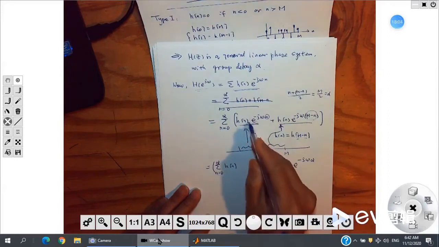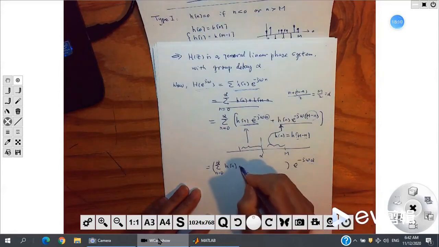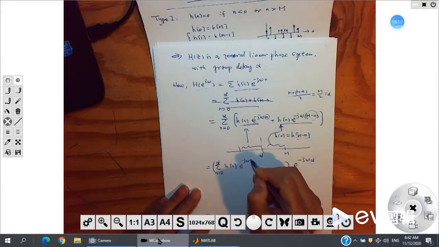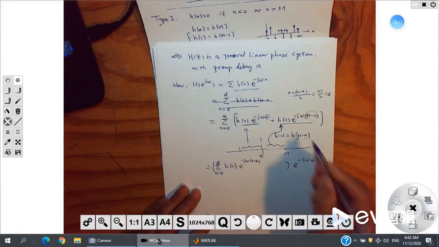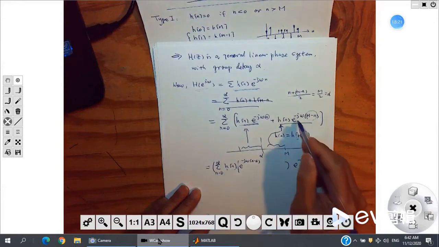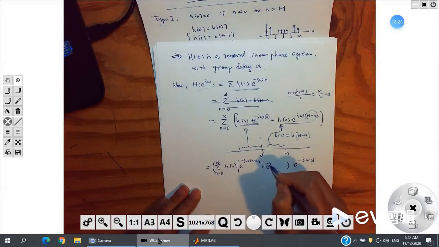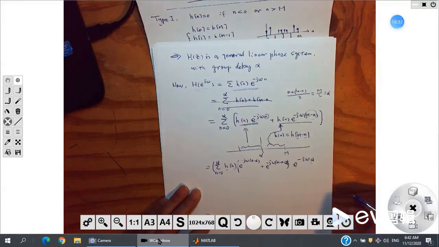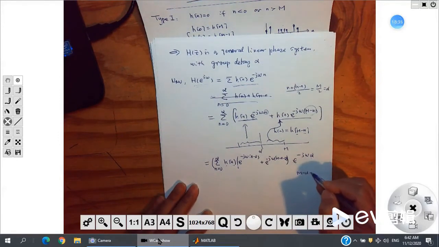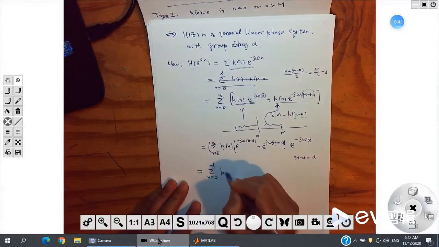And the first term, after I remove this one out, I have e to the negative j omega (n minus r), and both terms have the same coefficients. I put the coefficient here. And the second term, after I remove r, I have e to the negative j omega (m minus n minus r). But m minus alpha is what? It is just alpha. So this is n running from 0 to alpha, h of n.